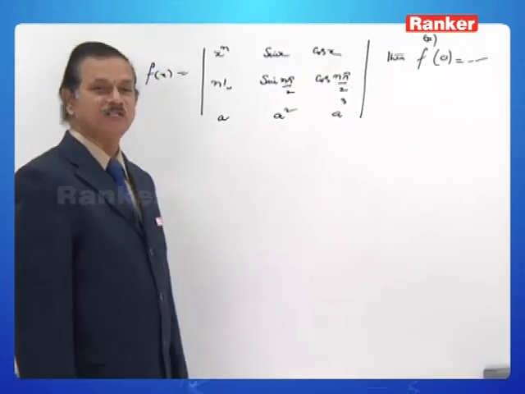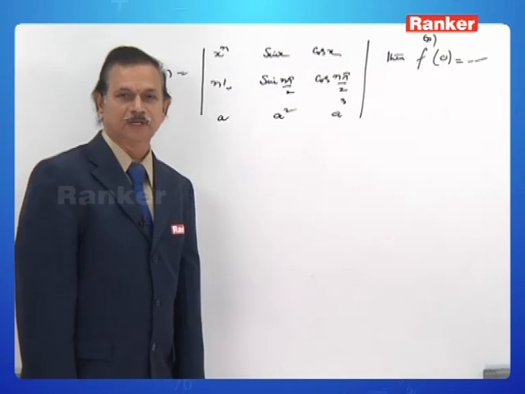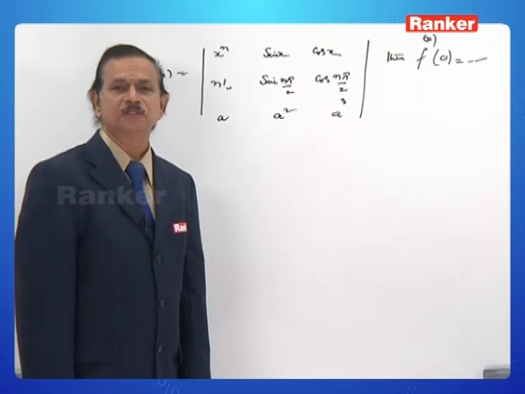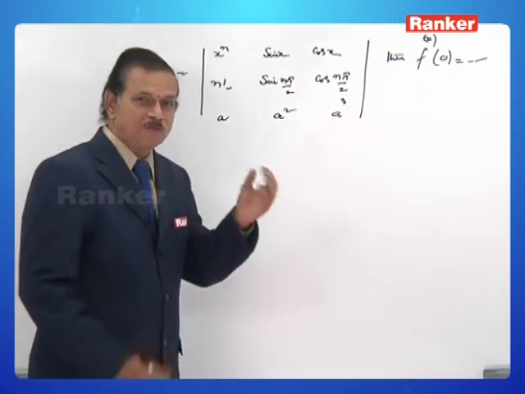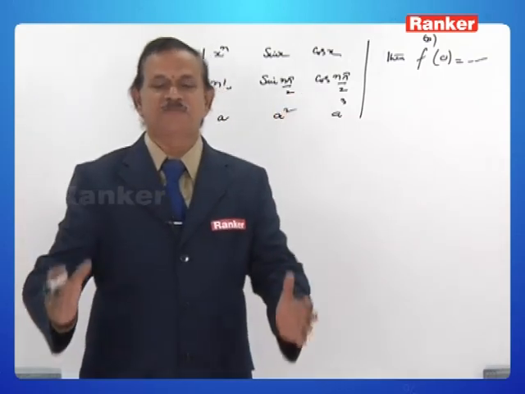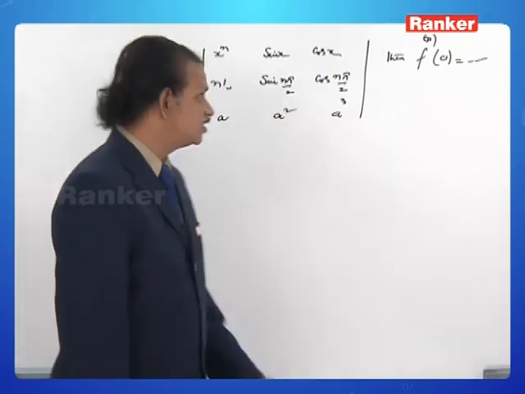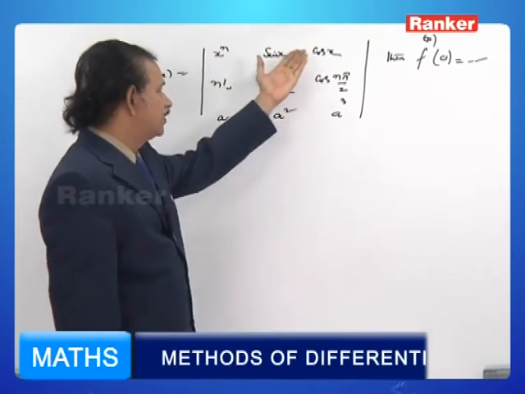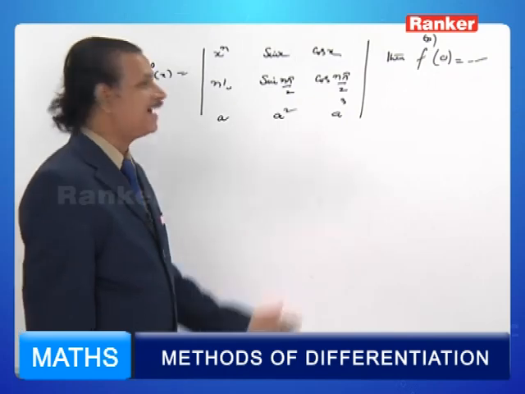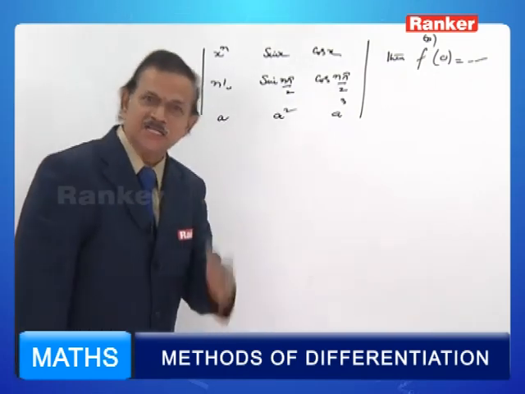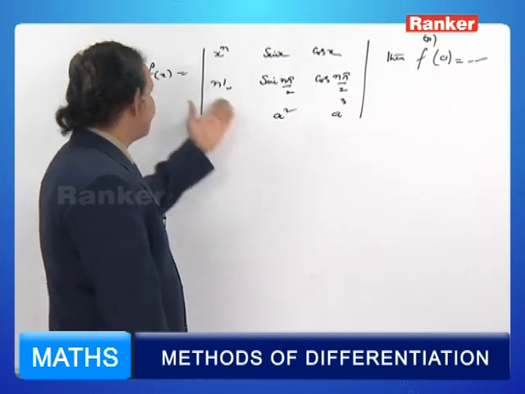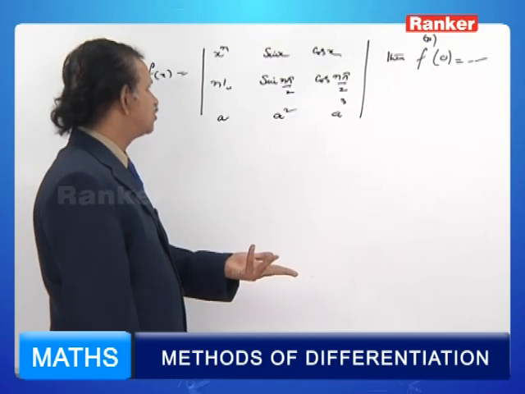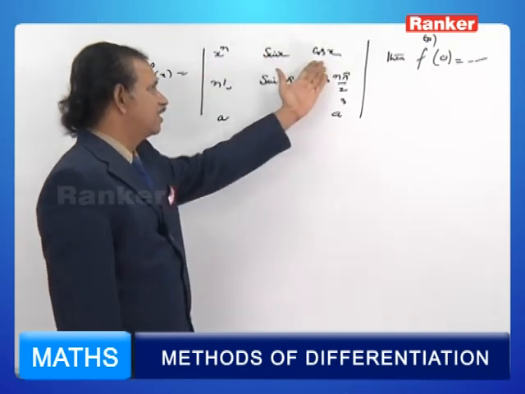Let us observe the question given on the board. There are certain options, but I am not interested in giving the options. The function itself is given in terms of a determinant, and in this determinant there are three different functions, u of x, v of x, w of x, and the other two rows are constants. This is f of x. What is f dash x? Again it is a determinant. In the first row it becomes the derivative of each of these.